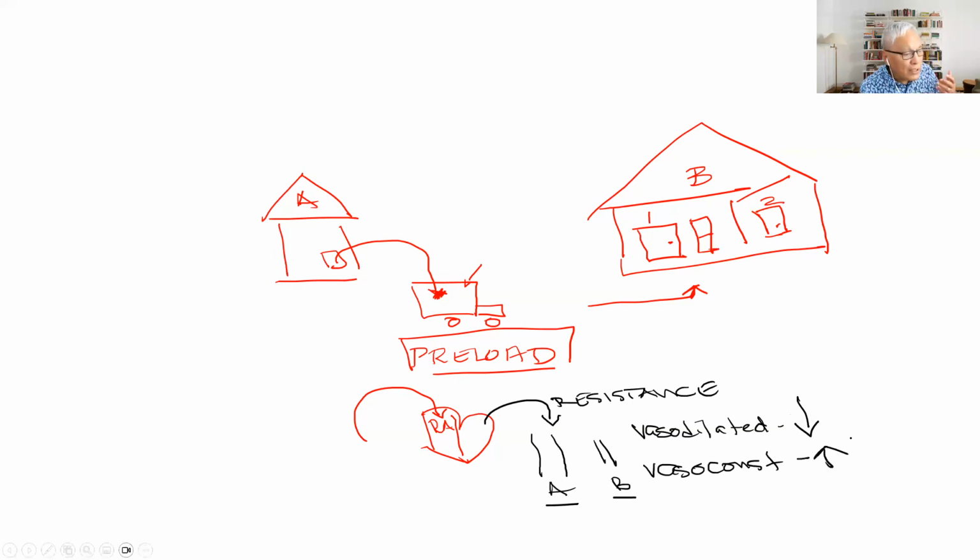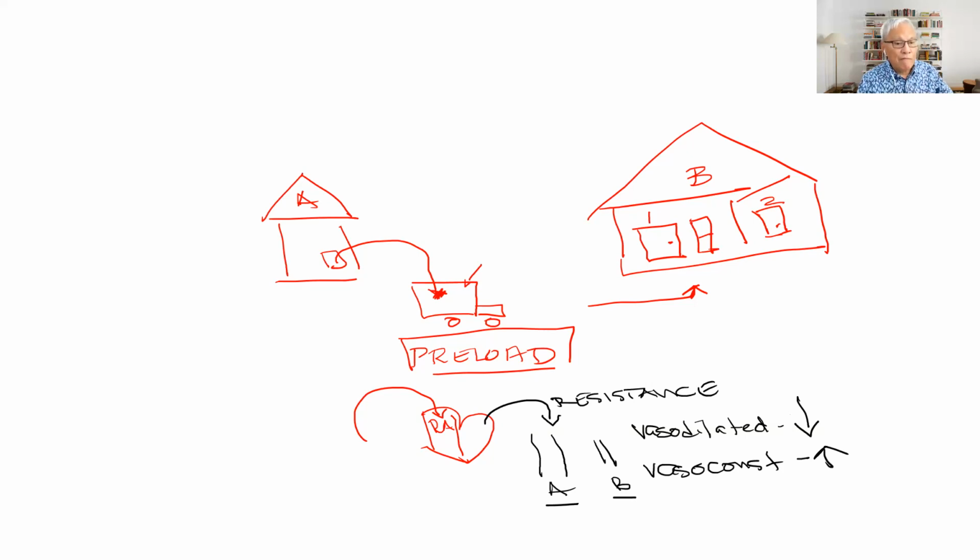So I hope that you understand now what preload is and what afterload is. Preload is the amount or volume of blood that is going to arrive at the right atrium. And afterload is the resistance against which the left ventricle has to pump blood through all the blood vessels.